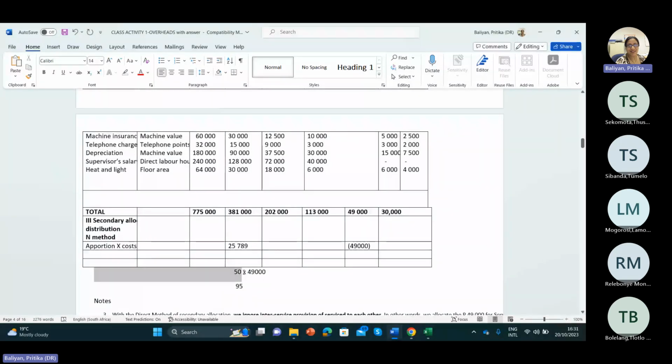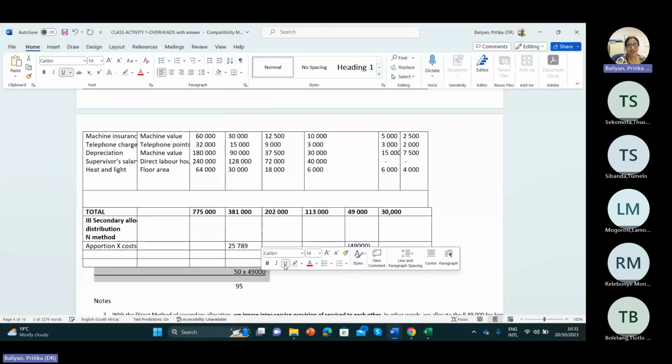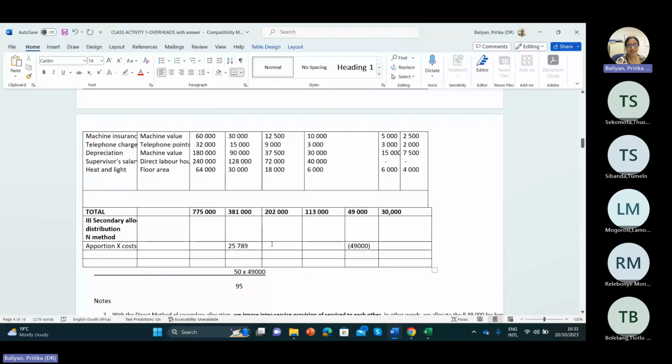So 50 over 95 times 49,000. When you are calculating for B, the ratio is 25. So 25 over 95 times 49,000 will give you 12,895.